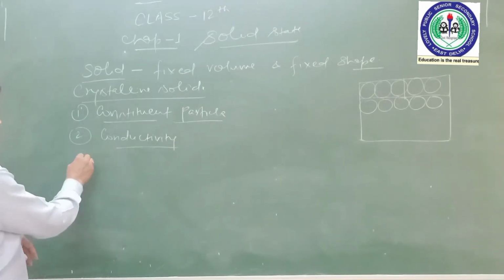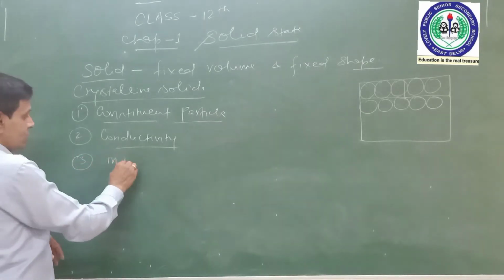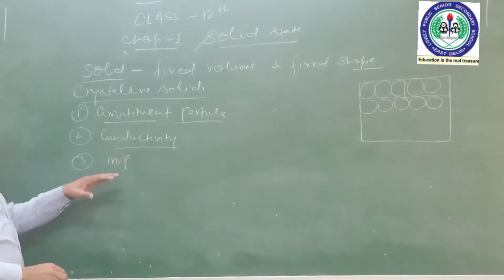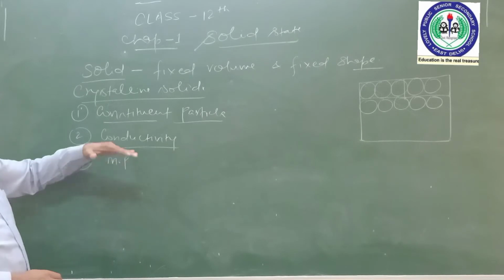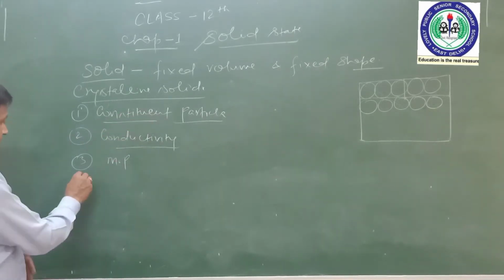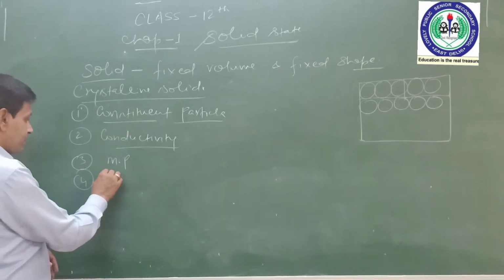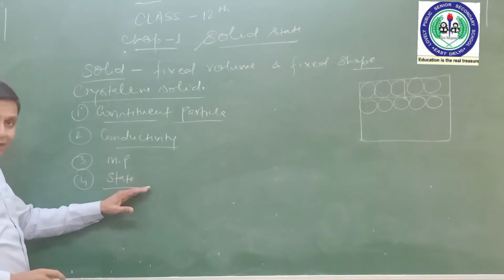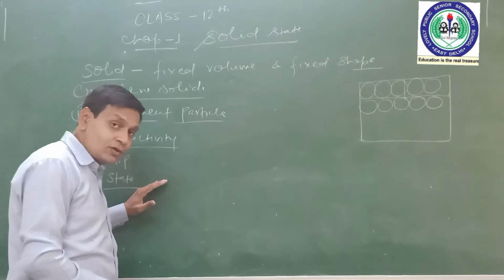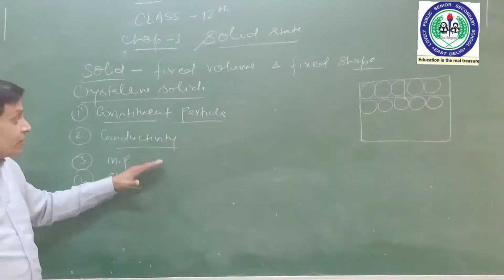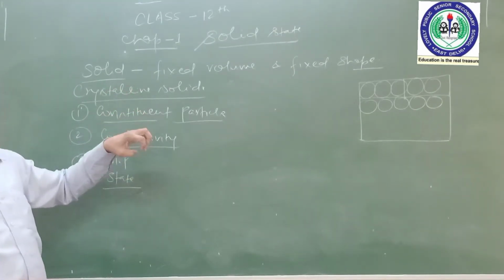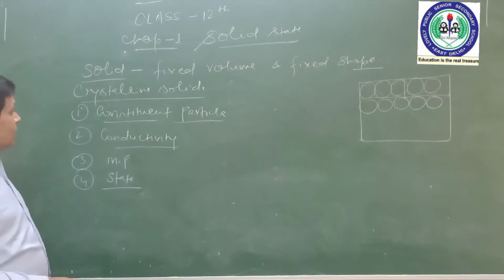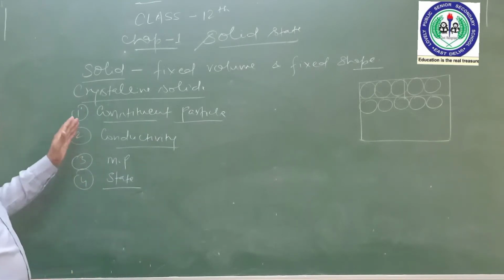Third, we can categorize with the help of the melting point, low or high. Fourth is the state. I am not talking about the physical state, I am talking about whether that particular crystalline solid is soft, hard or medium. So on these bases we can classify.